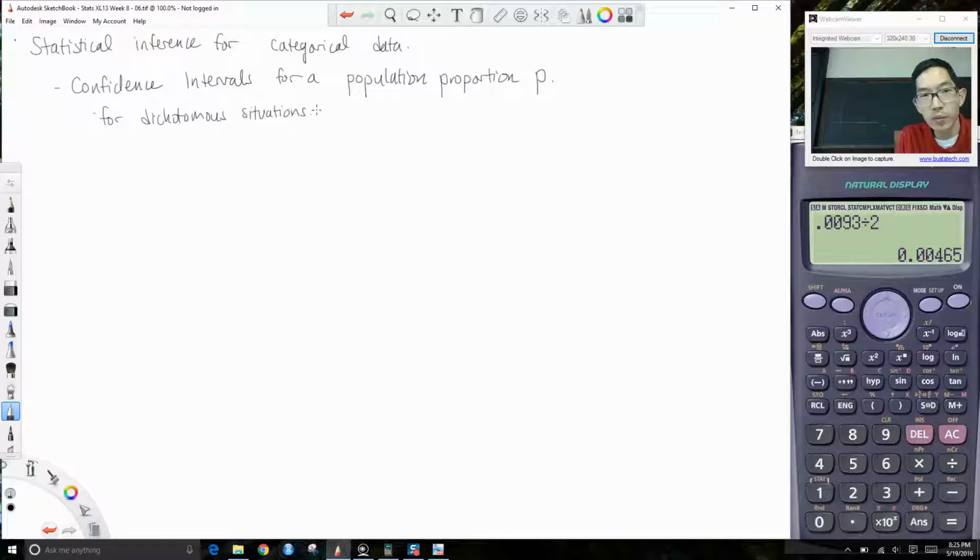What we mean by a dichotomous situation is that there's just one category you care about, the category that you've assigned for the proportion P. It either is that category, or it's not that category.